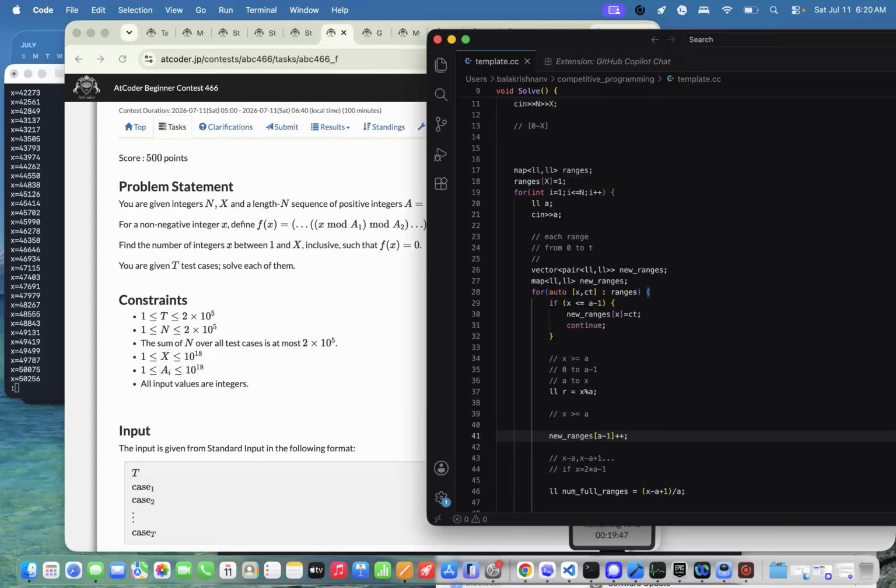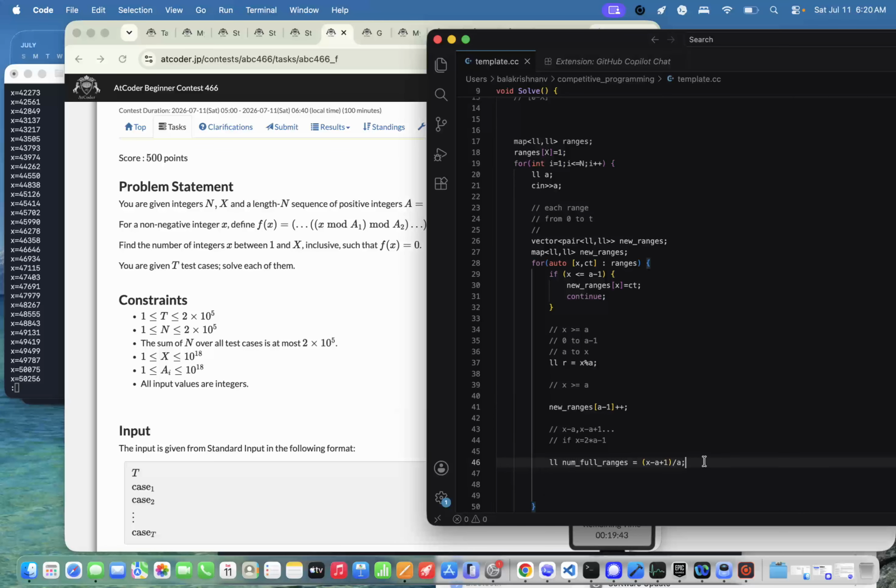Then we also need the full ranges, the full ranges of this.